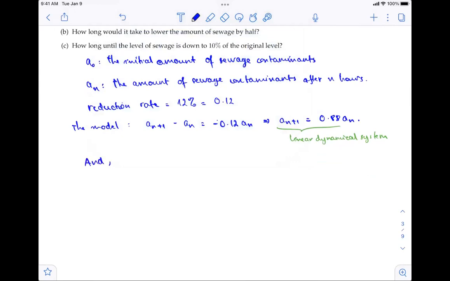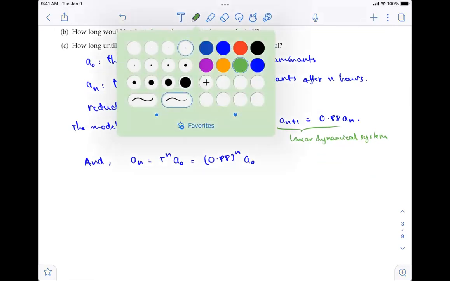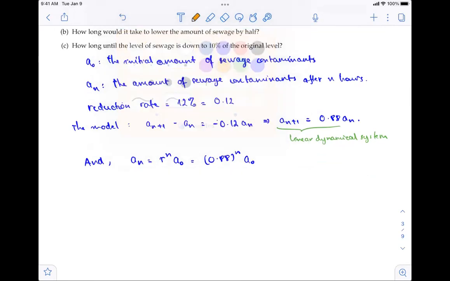So a sub n is equal to r to the power n times a0, where r is 0.88, raised to the power n times a0. And we can do that from theorem 1 that we just built up on the previous page.